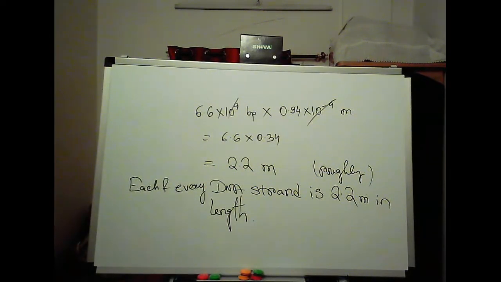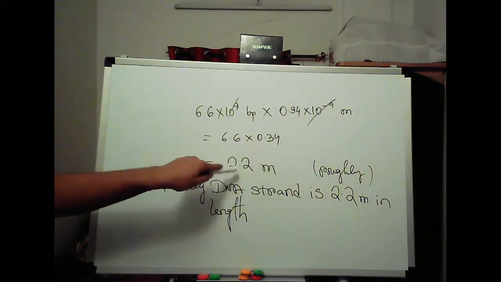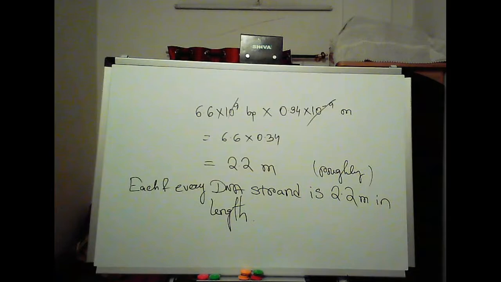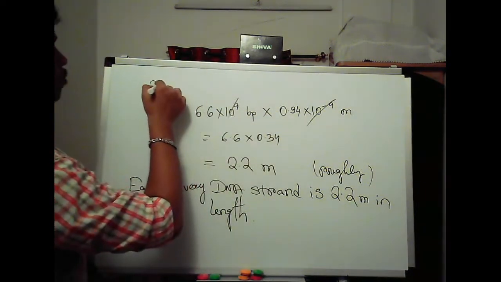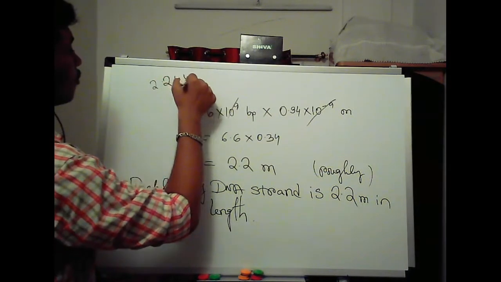You can always do the calculation. The calculation is 6.6 into 0.34, and it will come up to 2.244.